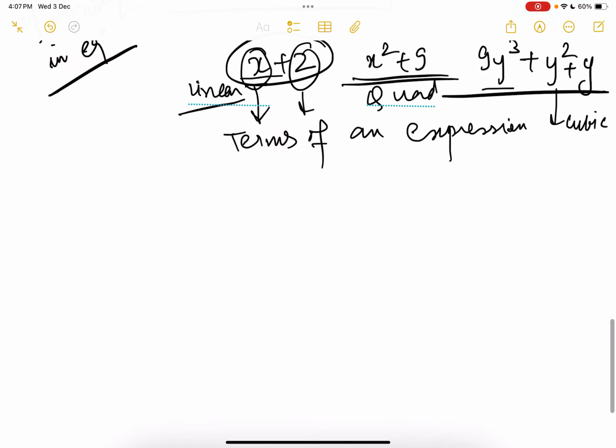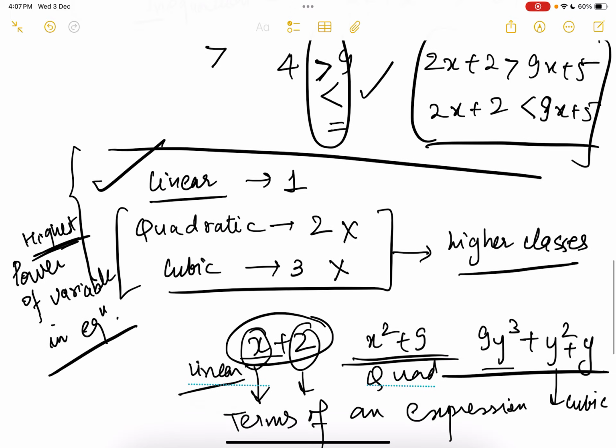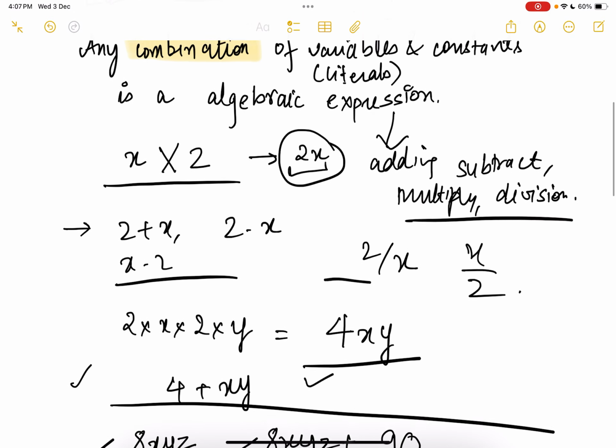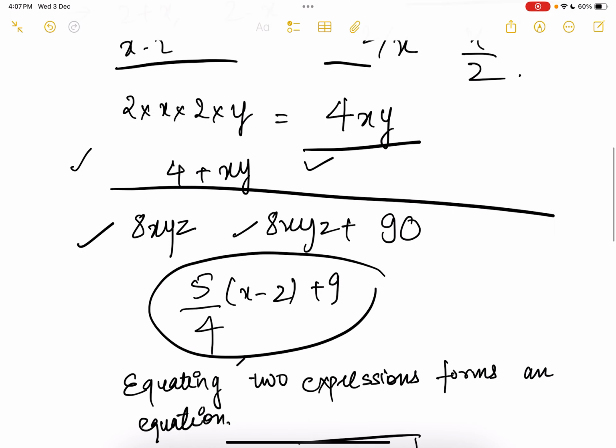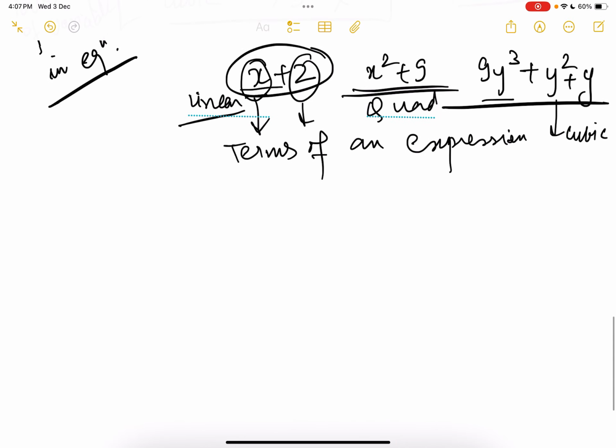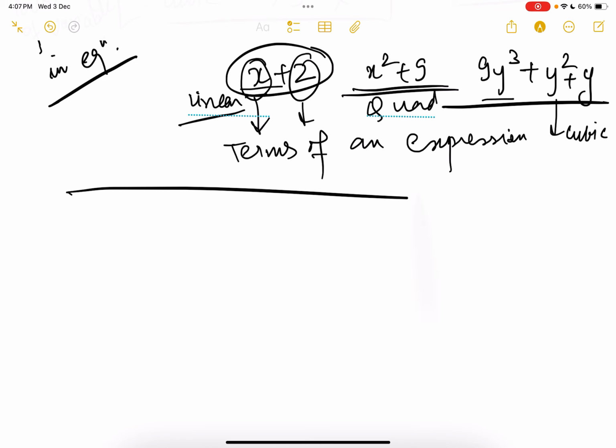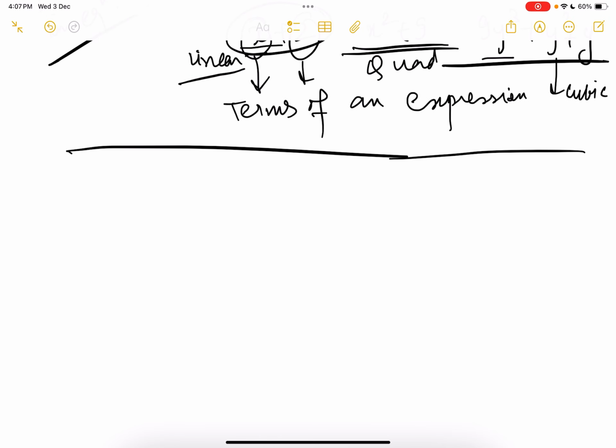Now I told you what an expression is and what an equation is, and now we will start to solve equations. Let me tell you, it is literally very easy to solve equations. You don't have to do anything complicated, just basic addition, subtraction, multiplication, division.